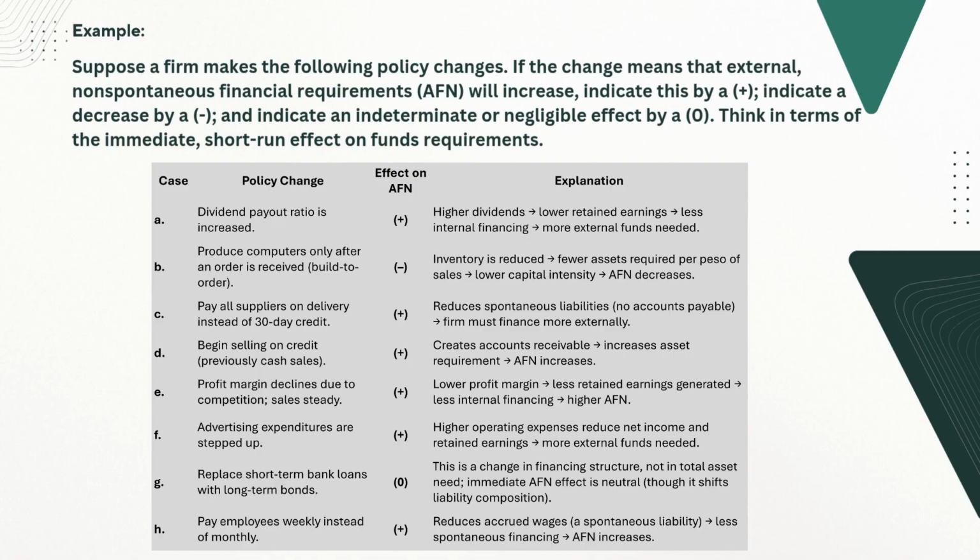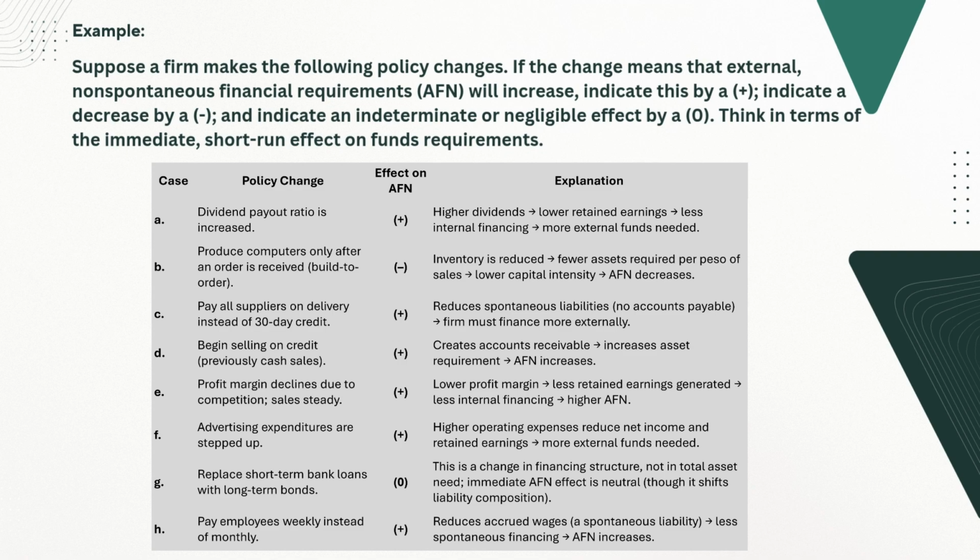Paying immediately removes that free credit, so the firm must find another funding. Thus, AFN increases. So instead of having your buy now, pay later, if you will pay the supplier outright, you will now need more cash upfront.